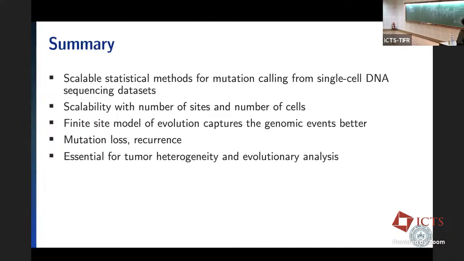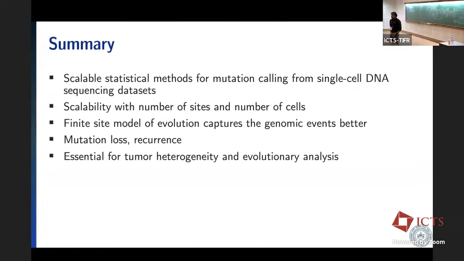So I think the brief takeaway from this talk is that we need this kind of scalable statistical methods for the purpose of mutation calling or tumor phylogeny inference from single cell DNA sequencing datasets. And not just DNA sequencing datasets per se, but there are other omics datasets which are also emerging, right?